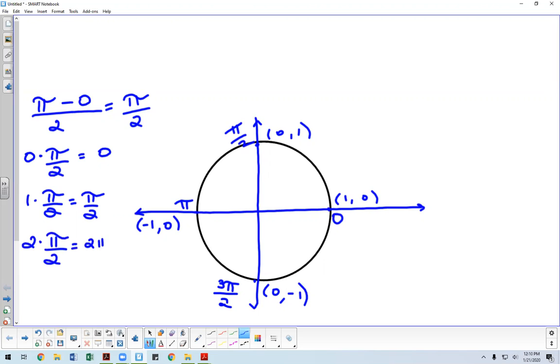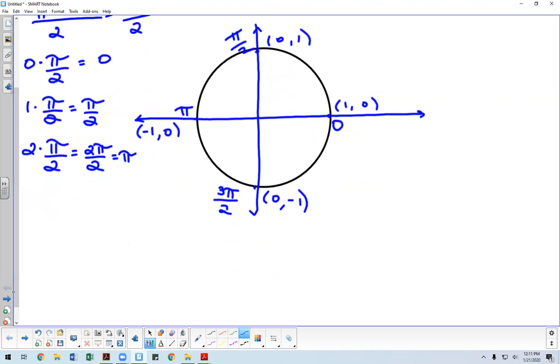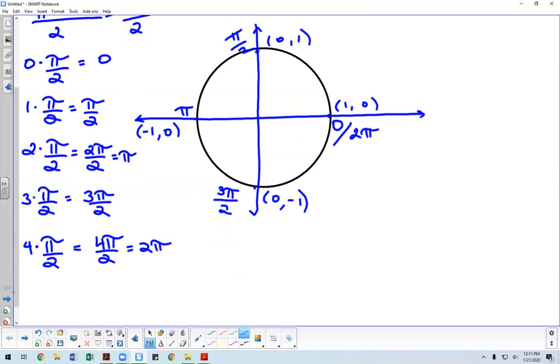So that's 2 pi over 2, which is where that pi comes from, right? Now we're breaking this up into the third piece, 3 pi over 2, which is where this guy comes from. And then my fourth marker, or the end of my complete circle, which is my 2 pi, that's going to be right here, right?